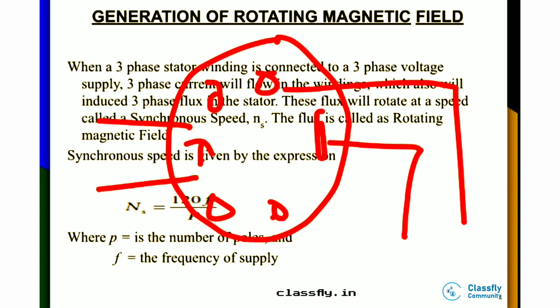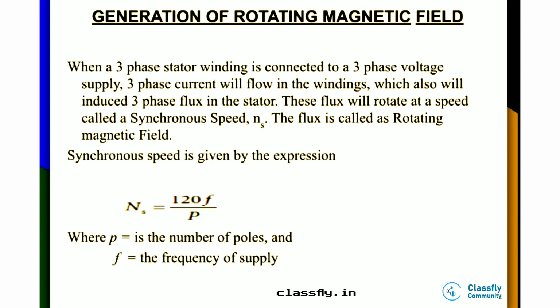When a three-phase stator winding is connected to a three-phase voltage supply, three-phase current will flow in the winding. That means in the stator, the three-phase current will flow, which will also induce three-phase flux in the stator.